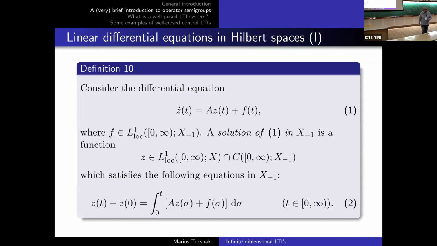I made a lot of functional analysis. Now let me write a differential equation in a Hilbert space. So I take equation 1, z dot is equal to Az plus f, with f which takes values in X minus 1. I need to take this in order to tackle a bit later boundary control problems.